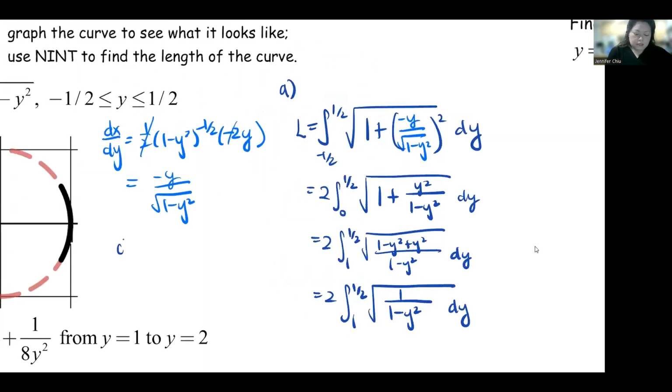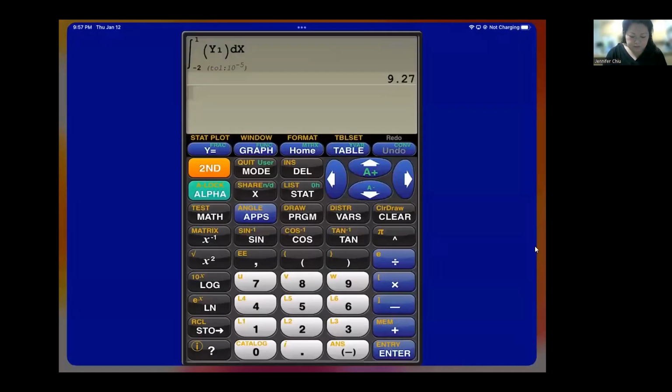It's already done. So part C now says use function integral, so use integral notation to figure out our final answer here. So it's 2 times the integral from 0 to 1/2 of the square root of 1 over 1 minus y squared. So let me find my calculator.